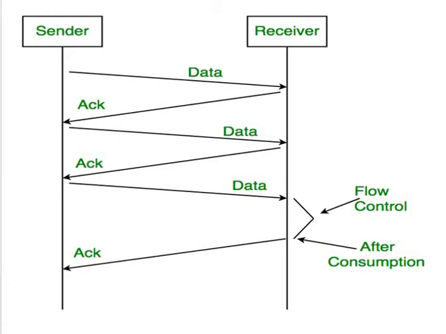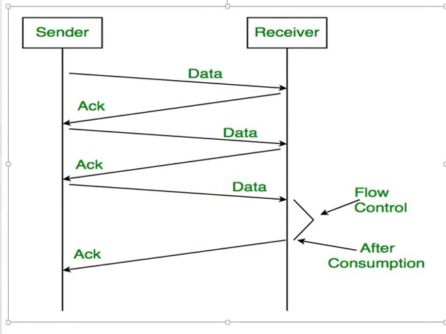This is the diagrammatic representation of stop and wait protocol. Here sender is on one side and receiver is on the other side. Note that sender will send only one data packet at a time. The receiver, after receiving the data, consumes it and then sends the acknowledgement.